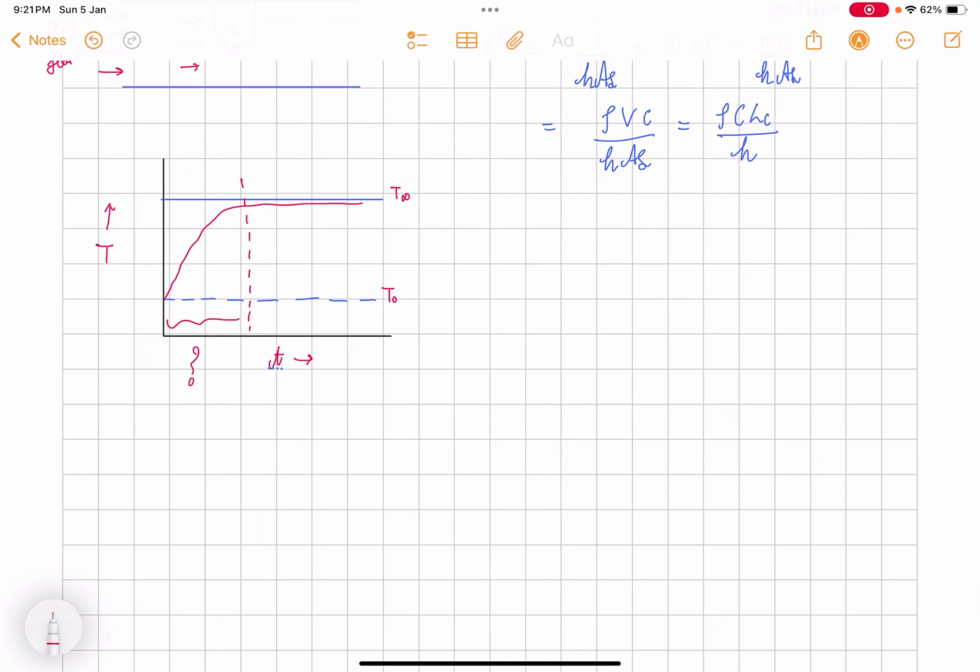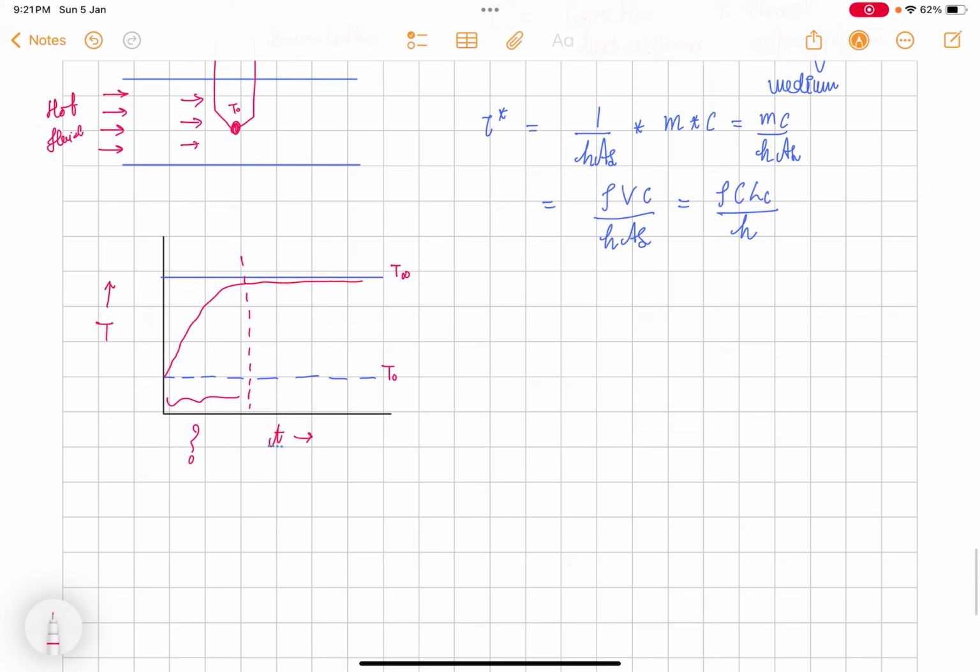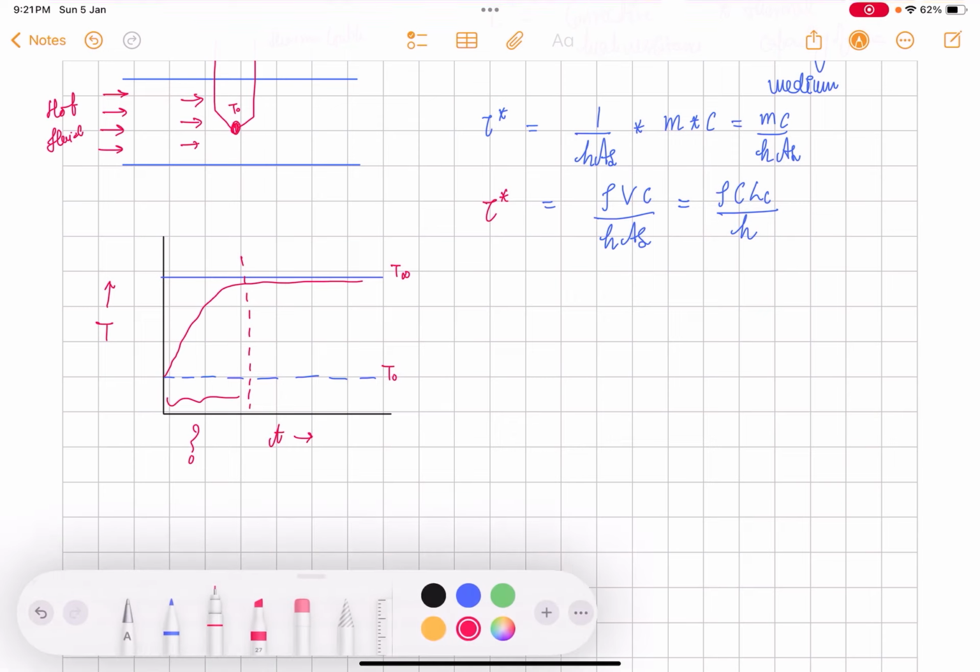To find that time, the thermal time constant will help us. Before doing calculations, let's look at one more aspect.